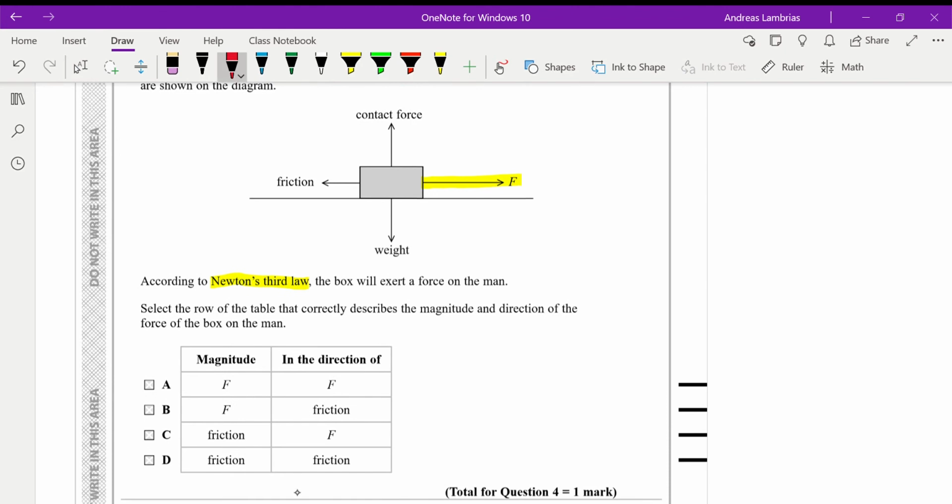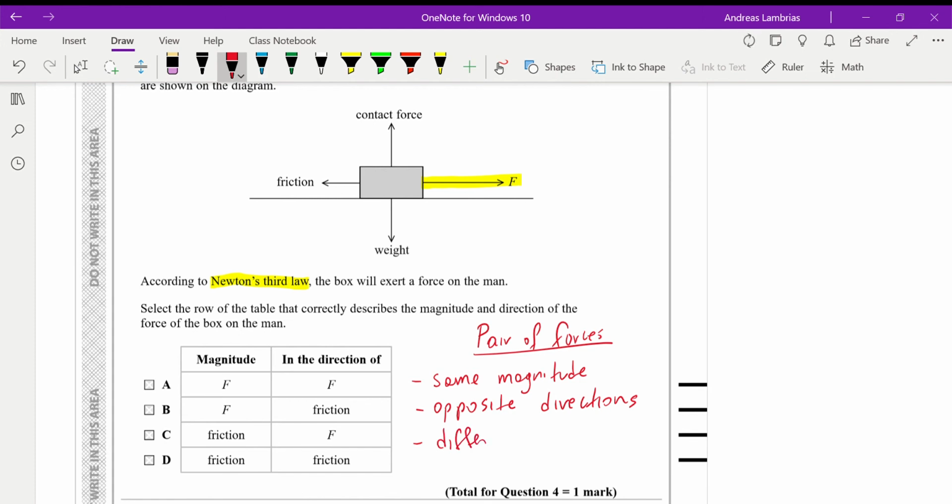Just a reminder that this pair of forces, when we're talking about Newton's third law, need to be of the same magnitude. They have to be acting in opposite directions. They need to be acting on different objects.